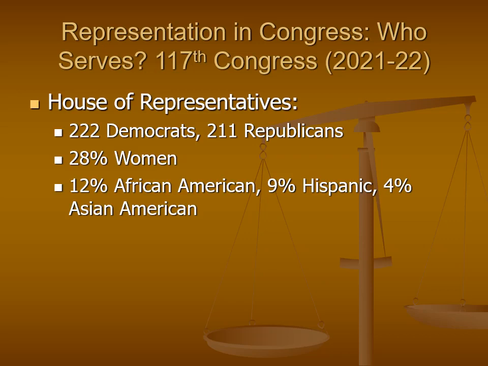So part of the story here for why the House of Representatives does a pretty good job of being descriptively representative in terms of race and ethnicity is the 1965 Voting Rights Act, which outlawed gerrymandering, or the drawing of district lines, to try to dilute the voting strength of minority groups.